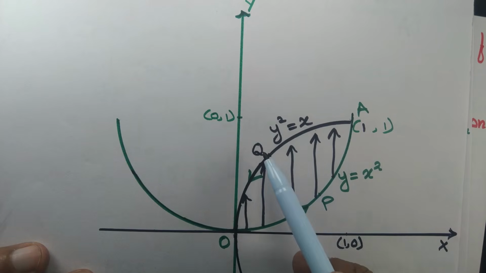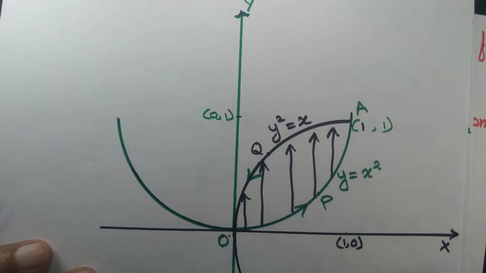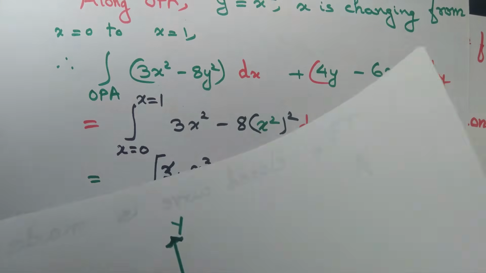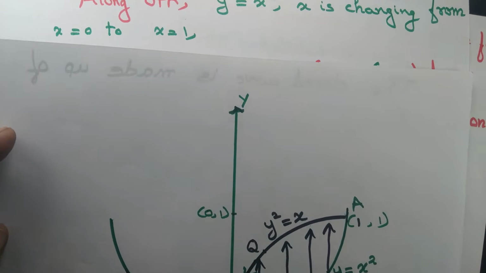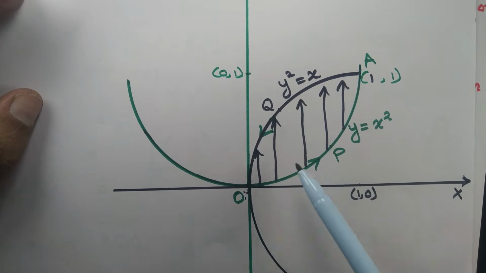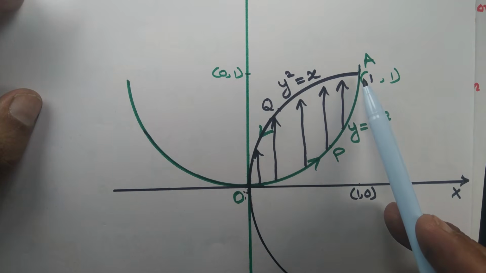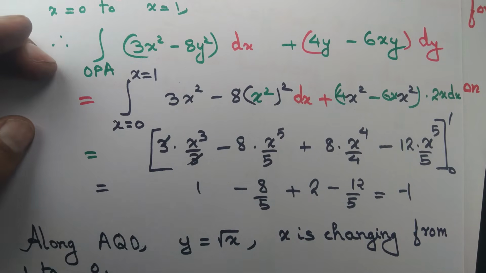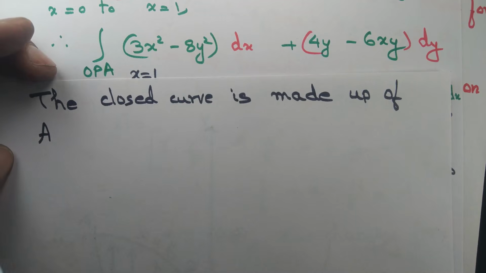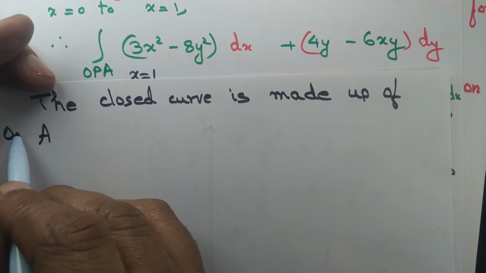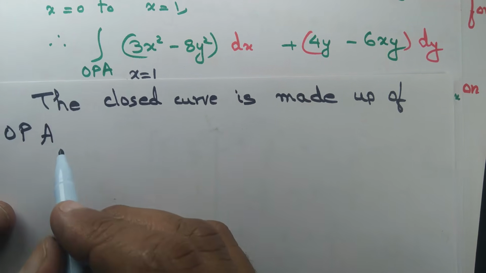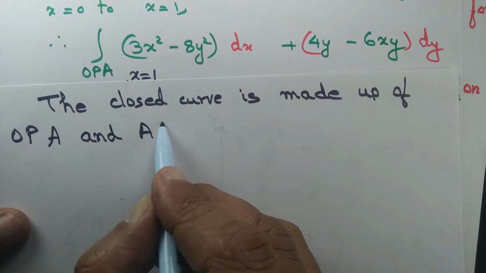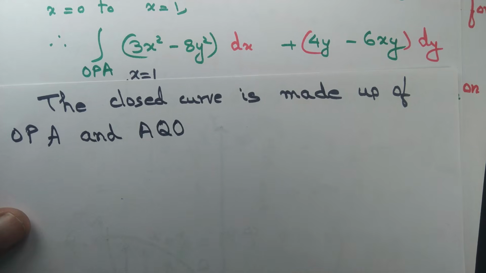The closed curve is made up of OPA and AQO.